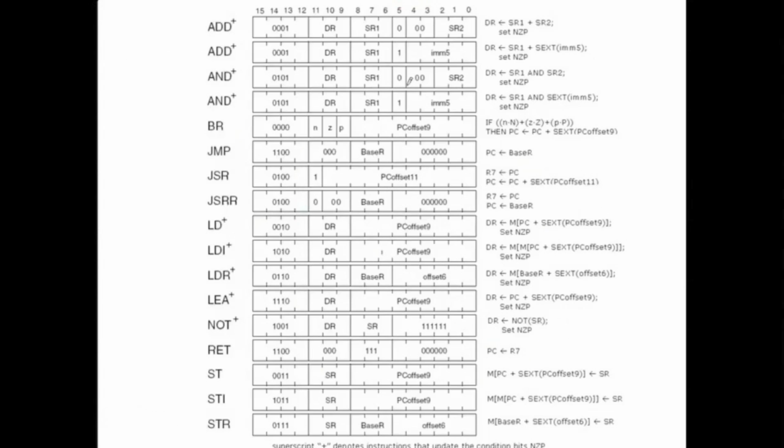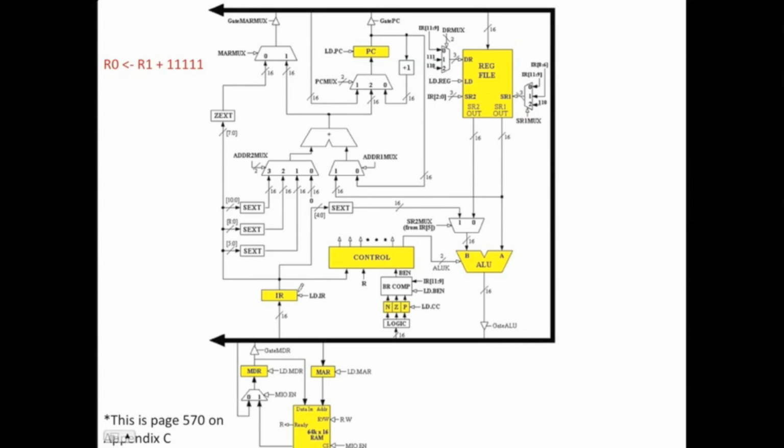MDR will be loaded into IR. MDR is here again, IR is here. So the data comes through MDR, goes through GateMDR. GateMDR needs to be 1 so that data will pass through. It goes through this path, comes to IR. LD.IR needs to also be 1 so that the data will be stored into IR.